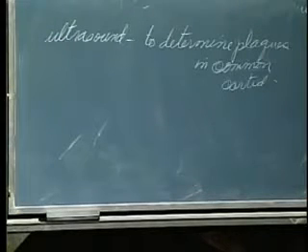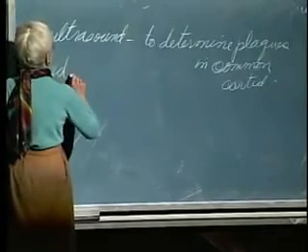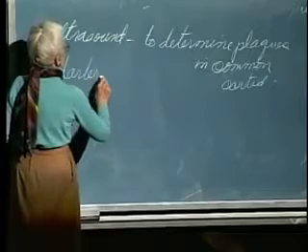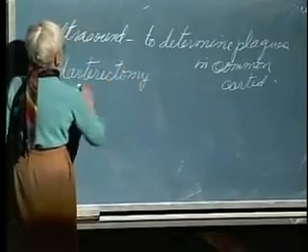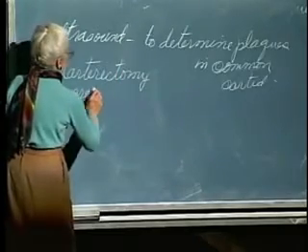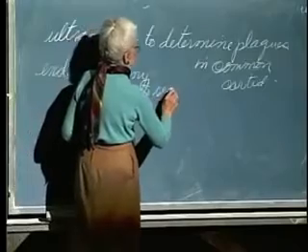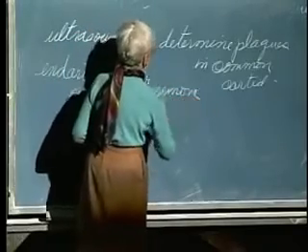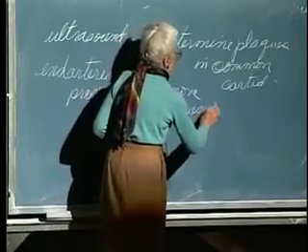What do they do if there are plaques? They do a procedure called endarterectomy. Endarterectomy. That's a procedure to remove plaques in the common carotid.